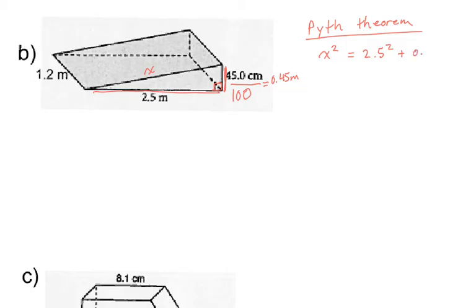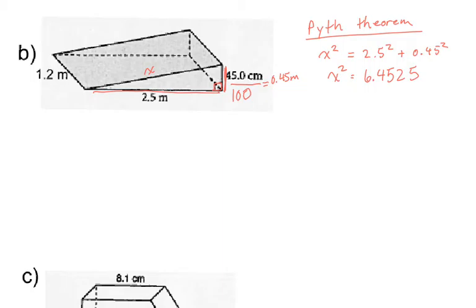So we got 0.45 squared. So 2.5 squared is 6.25, and 0.45 squared ends up being 0.2025. When you sum those two, you're going to get 6.4525 approximately.